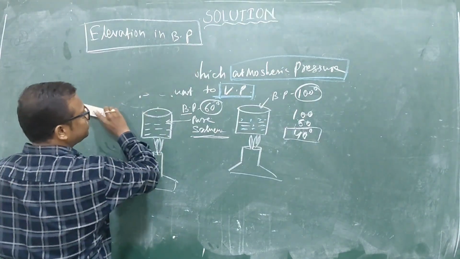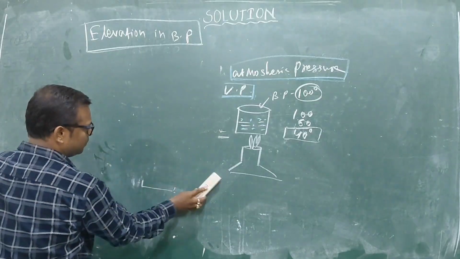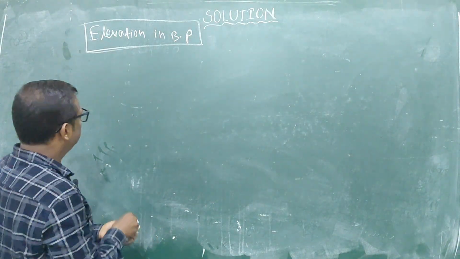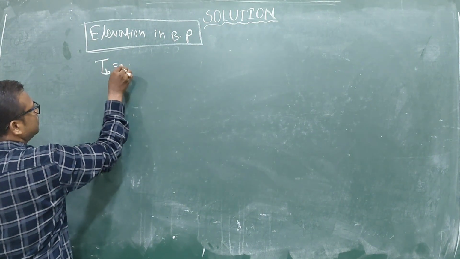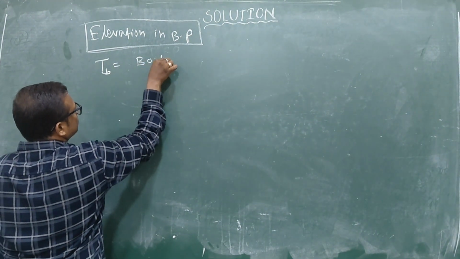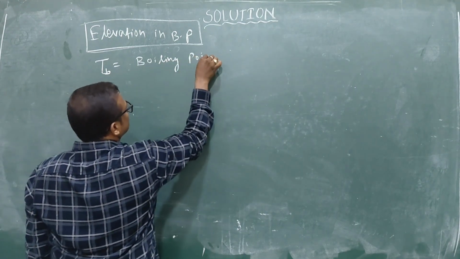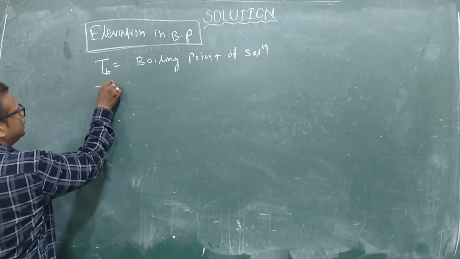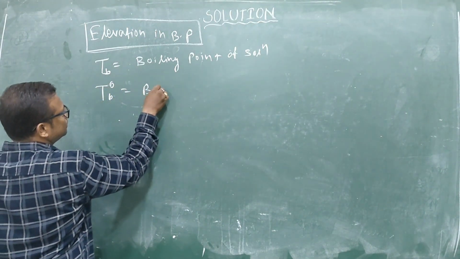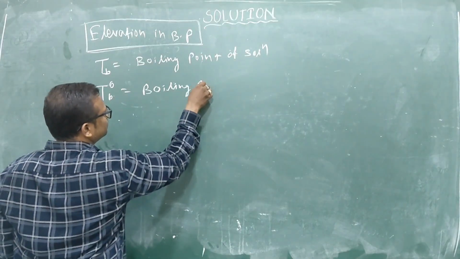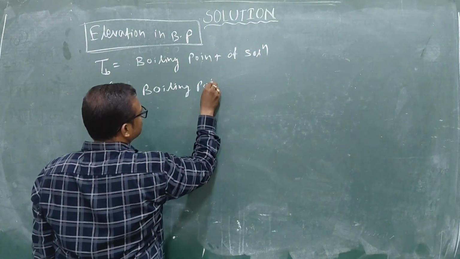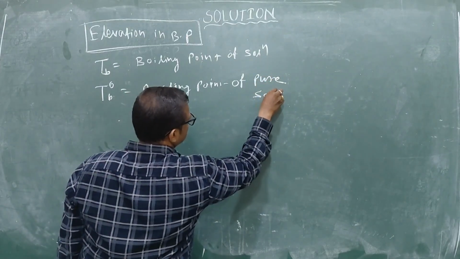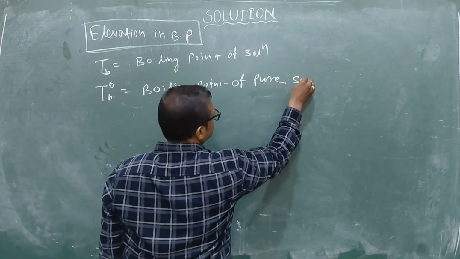Suppose I take TB, this is the boiling point of the solution, and T naught B is the boiling point of the pure solvent.